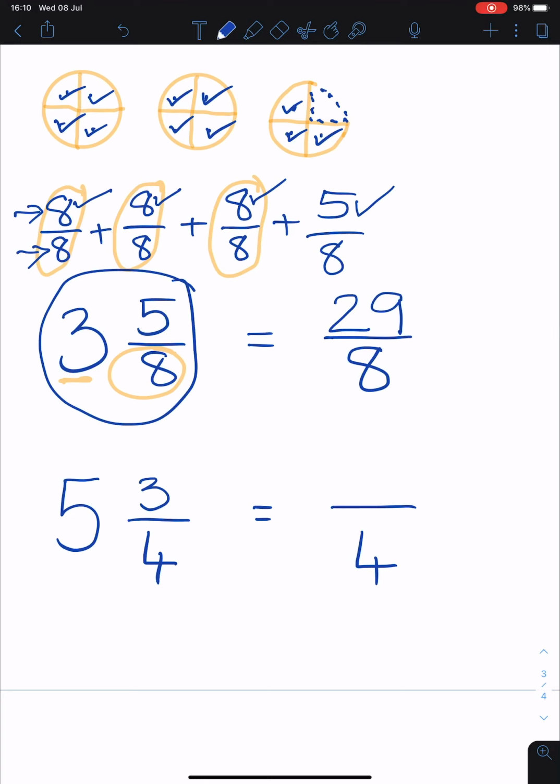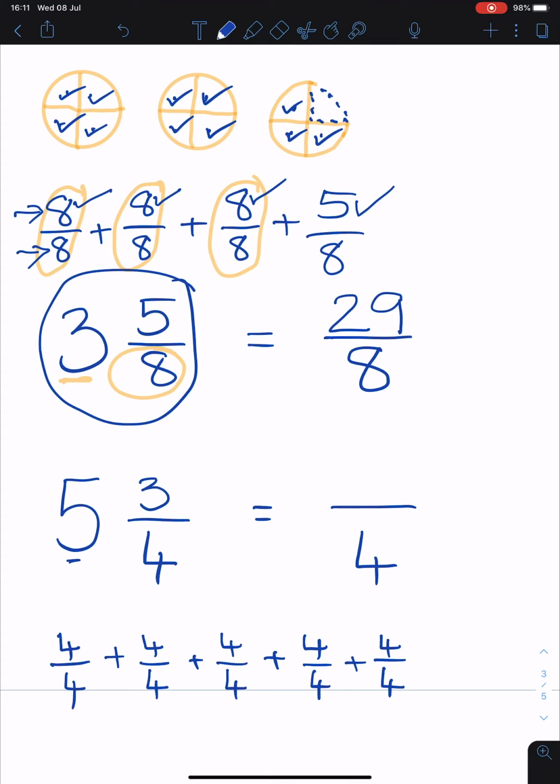5 3/4 is a mixed number. I want to write it as an improper fraction. So the 5 whole pizzas will be, yes, 4/4 plus 4/4 plus 4/4 plus 4/4 plus 4/4. Remember, we've chosen 4s because the denominator is 4.